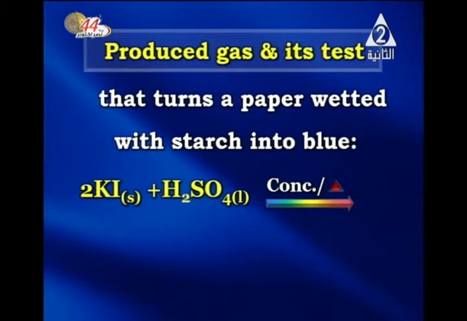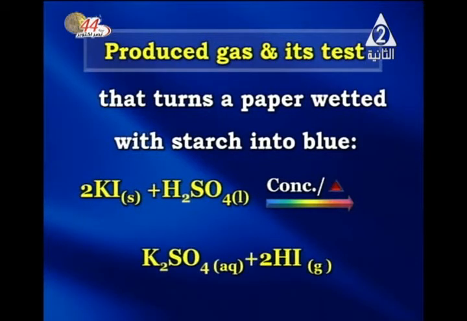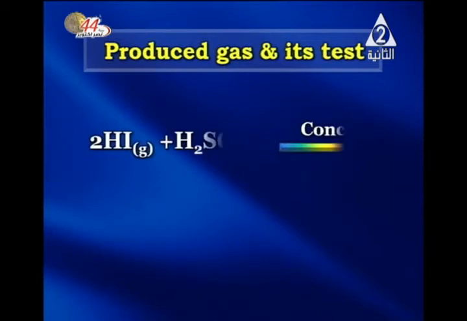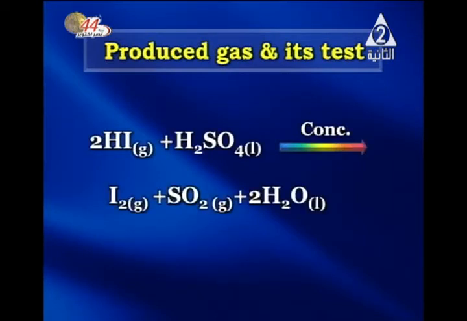As the equation proceeds on the screen, potassium iodide plus concentrated sulfuric acid and heat gives potassium sulfate and hydrogen iodide gas that is oxidized by sulfuric acid, giving iodine gas, and sulfur dioxide and water are produced.